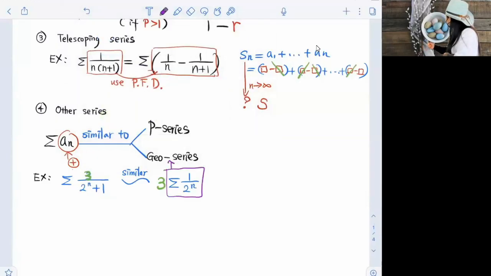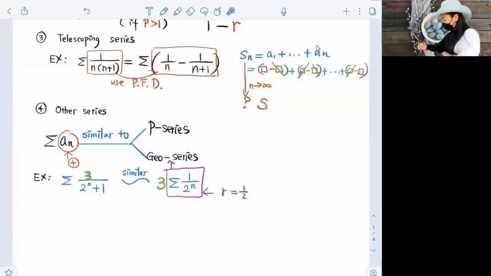What is r? r equal to 1/2, right? Good. Then what kind of test are you going to use? If it's similar to a geometric series or p-series, what kind of test? Comparison test. Yeah.